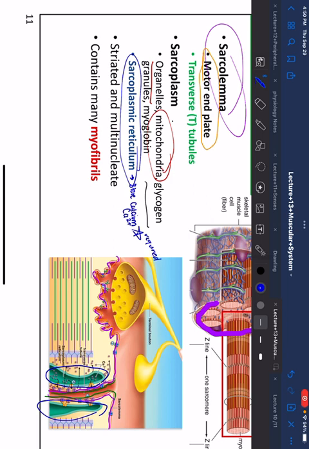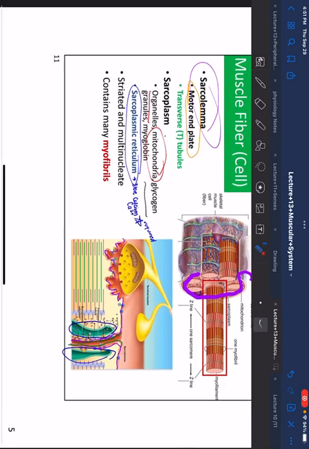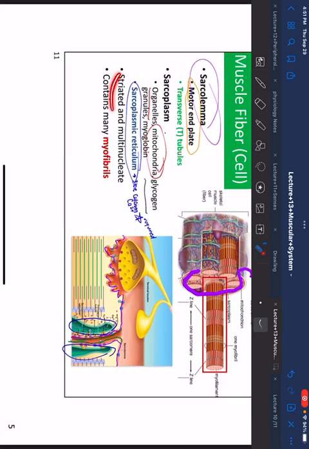We said already that the muscle fibers of skeletal muscles are multinucleate, meaning they have multiple nuclei. You can see a few of them here in purple. And they're striated due to the arrangement of proteins within them. You can see we have these darker bands, lighter bands, darker bands, lighter bands. That allows for the striations.